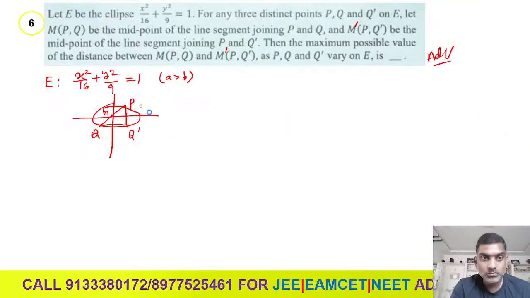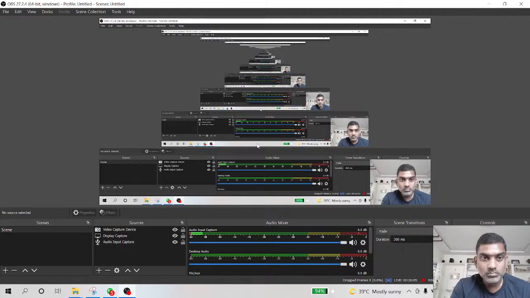So if we connect M and M prime, you see M is the midpoint of PQ. M is the midpoint of PQ means, what do we get, students? PM and MQ are both equal.